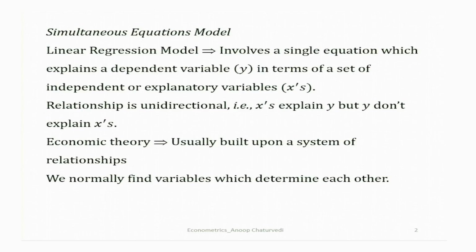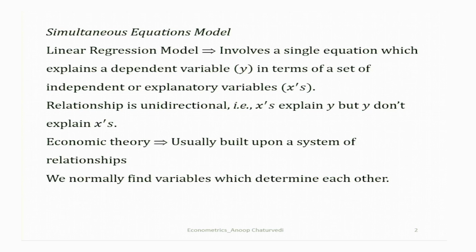We will discuss different issues related with these models, different issues related with the estimation of parameters, related with the identifiability of the model, etc. So, now we consider simultaneous equations model.